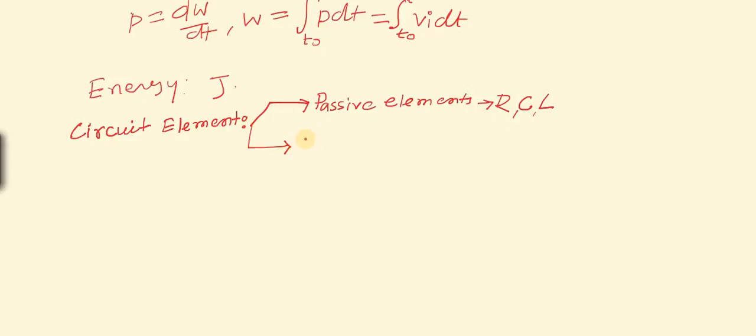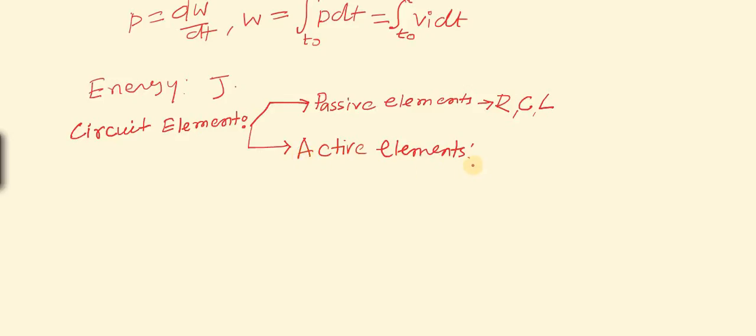Another one is active elements. What is an active element? Active elements are all types of energy source which are capable of generating or delivering power or energy to some external devices.